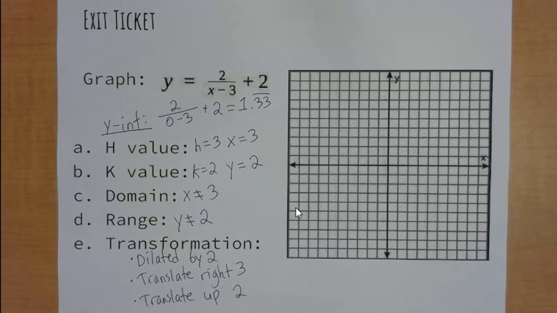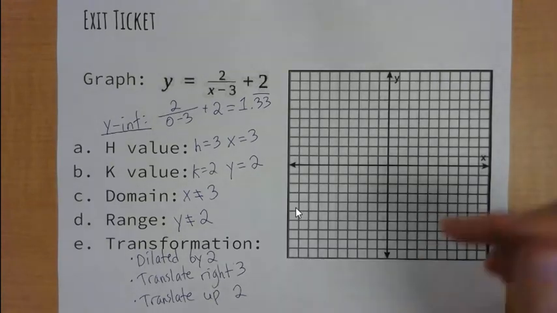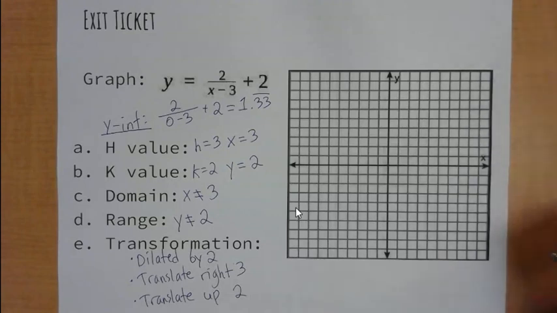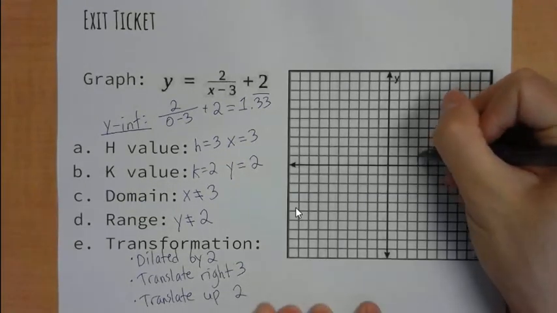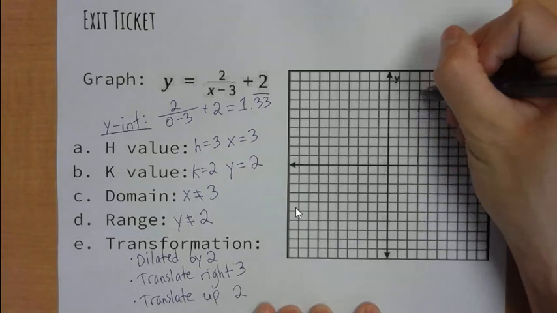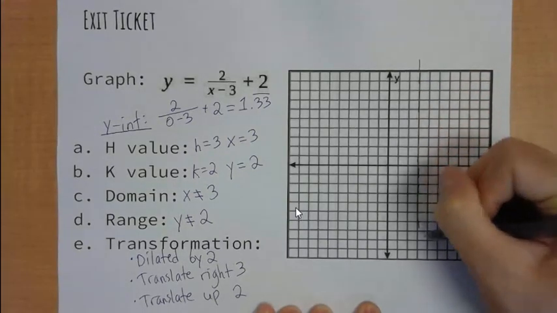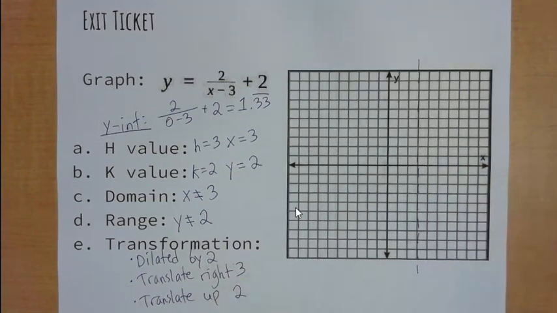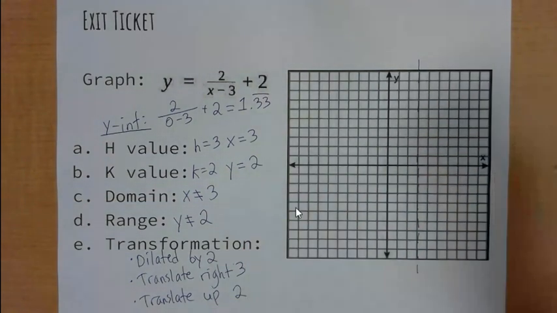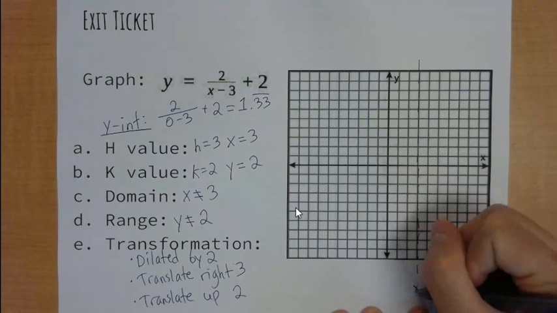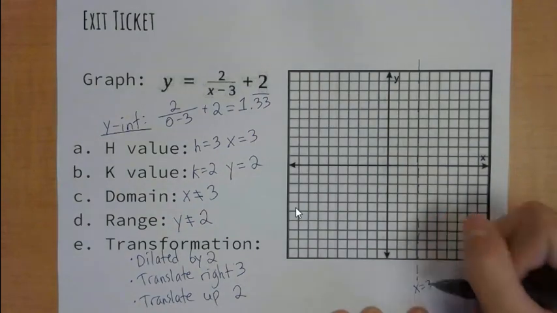And now let's finish this off by drawing a picture of our graph. So we can do our asymptotes first. So at x equals 3, we're going to draw in a vertical asymptote here. So we have that vertical asymptote drawn in there, at x equals 3 right there.